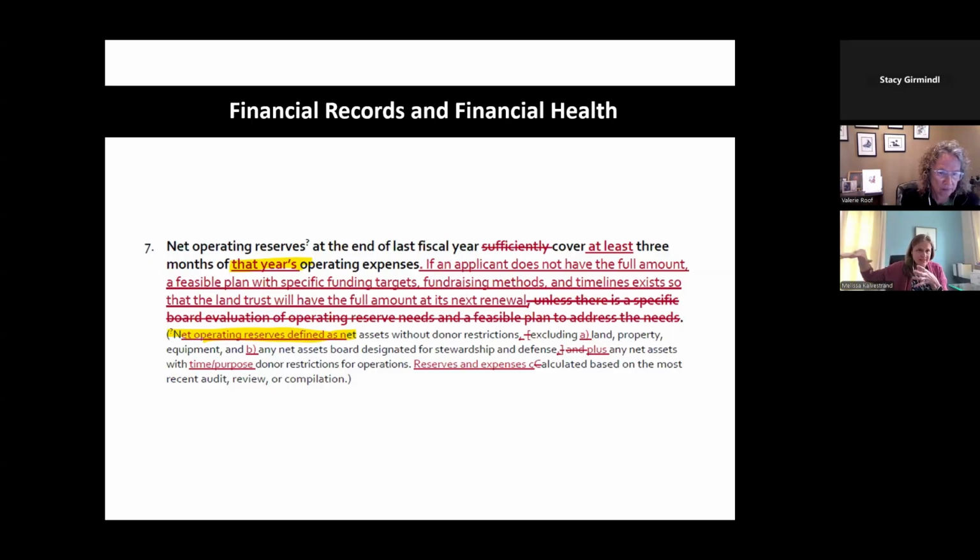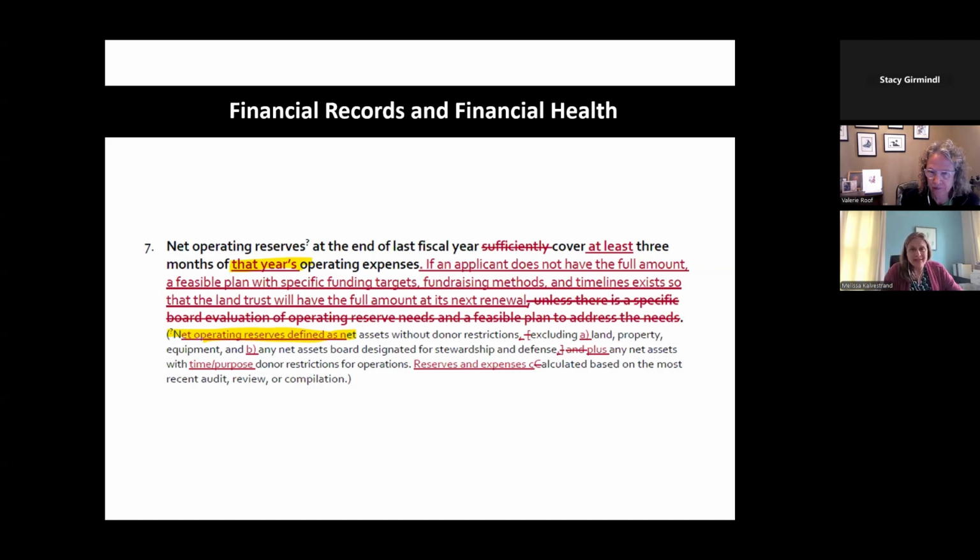All the funds that are time and purpose restricted and can be used for operating expenses count, and if the perpetual endowment is spinning off interest, that can be used. It's just the principal of that fund.